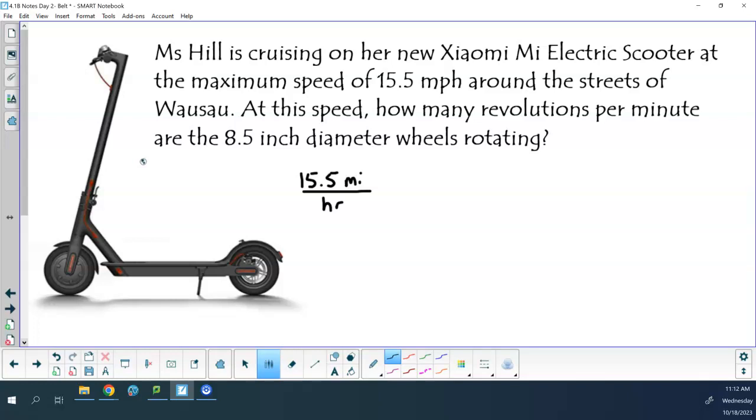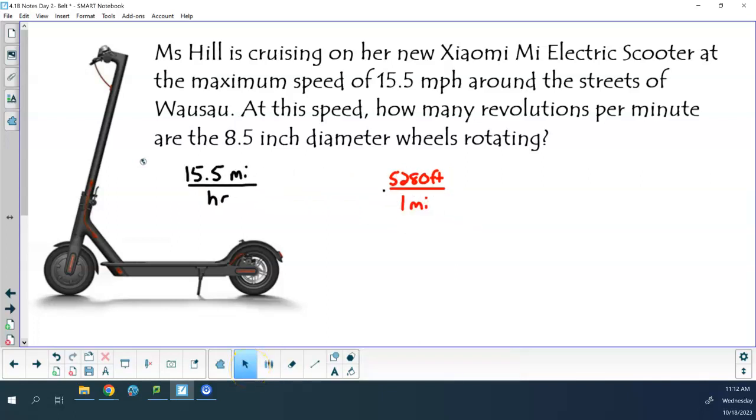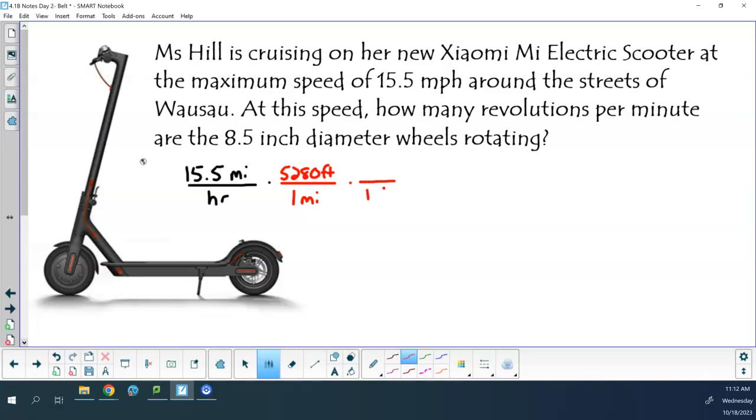Revolutions per minute. So that means we've got to change miles to inches. Now I'm in feet. Now I'm in inches.